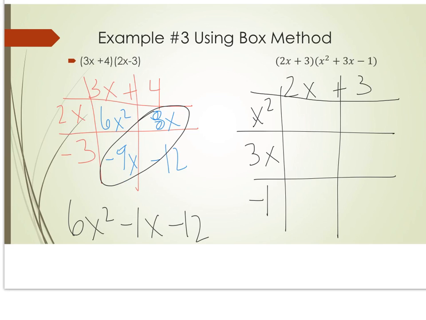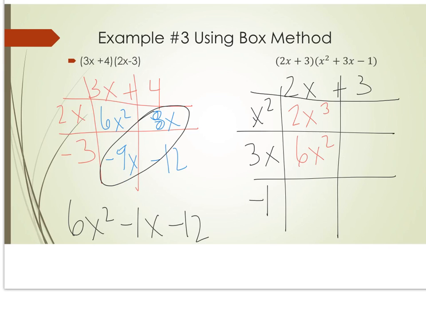This time I'm going to have to multiply 6 different times in these 6 boxes. Try to do the multiplying on your own. Check with me. 2x times x squared gives me 2x cubed. 2x times 3x gives me 6x squared.